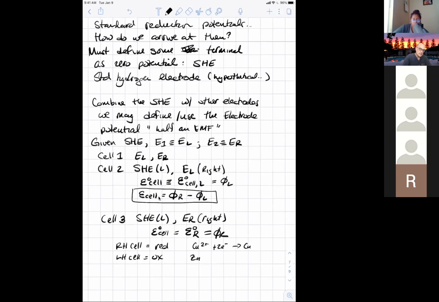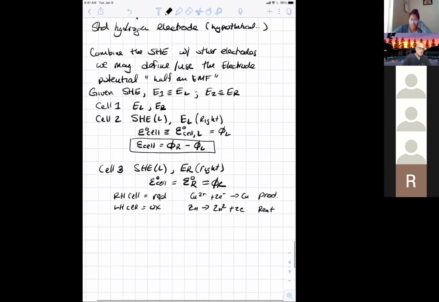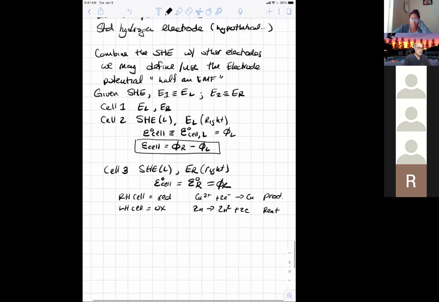This would be something like the zinc going to zinc ion plus 2 electrons. In other words, this is the reactant, this is the product side, and so on. So all this kind of definition is consistent, and we should be able to use that kind of handhold in our reality to understand this.